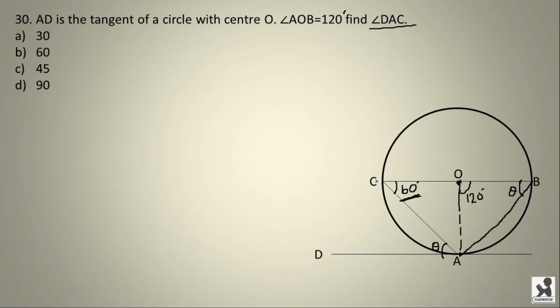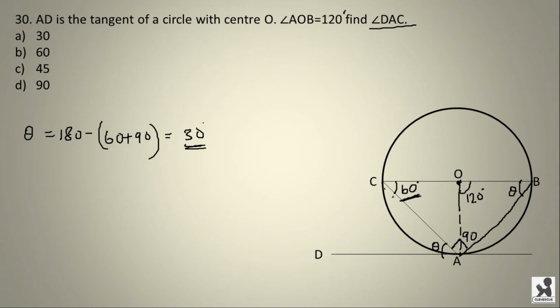So the angle made in a semicircle is 90 degrees, that is BAC will be 90 degrees. Theta is equal to 180 minus 60 plus 90, which is equal to 30 degrees.